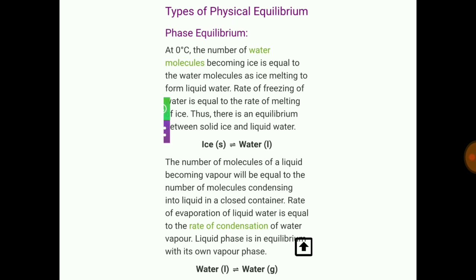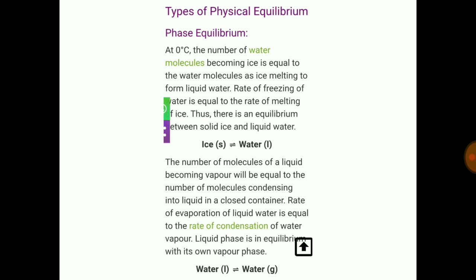The number of molecules of a liquid becoming vapor will be equal to the number of molecules condensing into liquid in a closed container. At this time, the rate of evaporation of liquid water is equal to the rate of condensation of water vapor. So the liquid phase is in equilibrium with its own vapor phase.